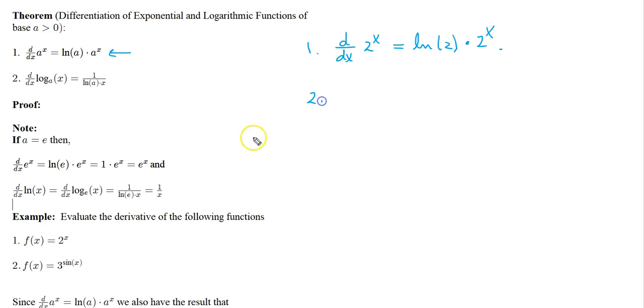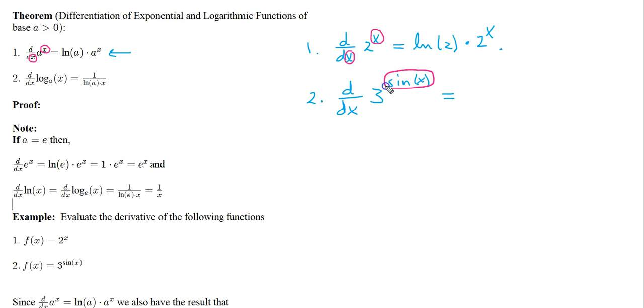Part 2, let's take the derivative of 3 to the sine x power. Now what we have to do here is a little chain rule problem. You see in the previous problem, the x right here and the x right here matched, as they should in our original formula. Here they don't match, so we have to use a little chain rule.